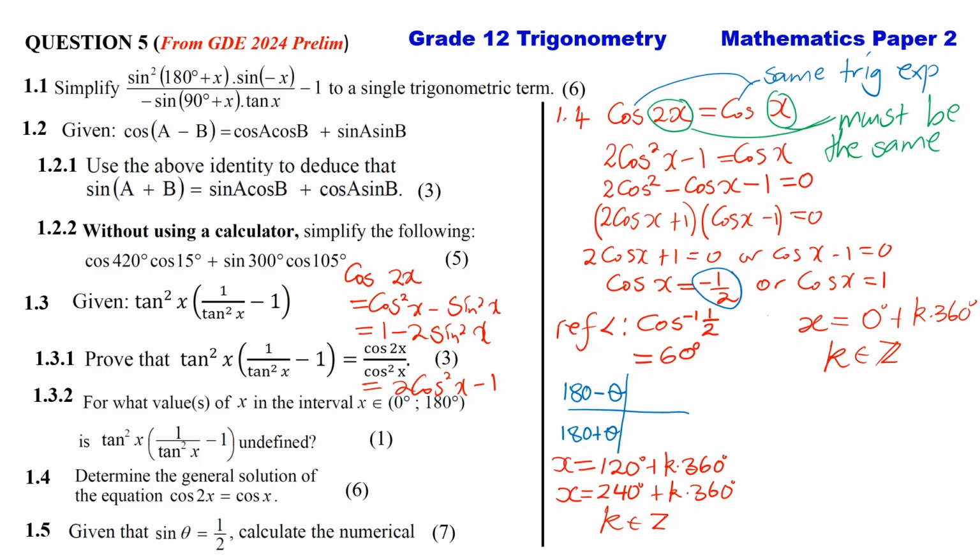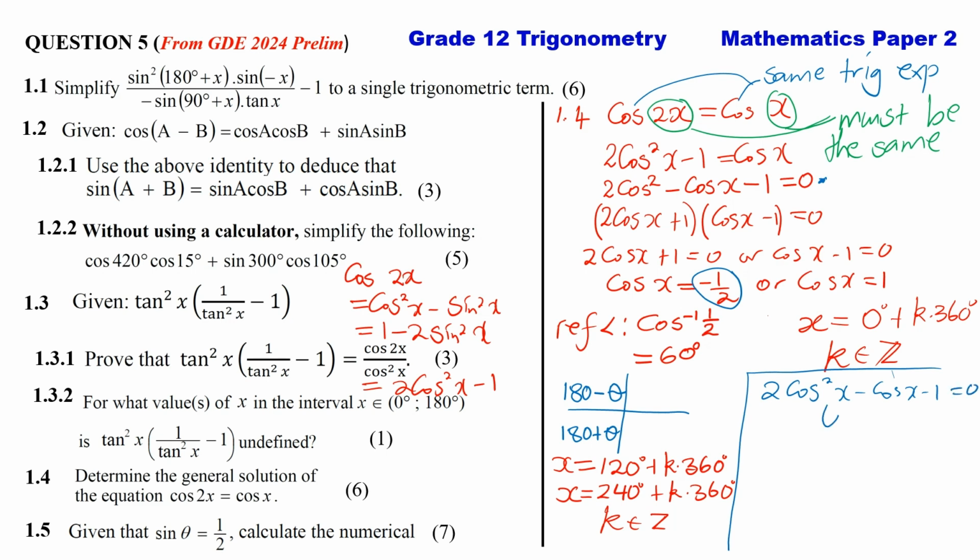When you're working out the quadratic part, this part here, where you are supposed to solve the quadratic expression, let me just quickly write it here. My equation is 2 times cos squared x minus cos x minus 1 is equal to 0.